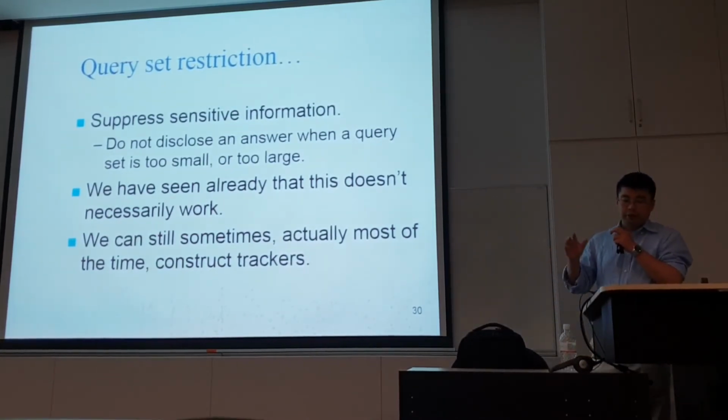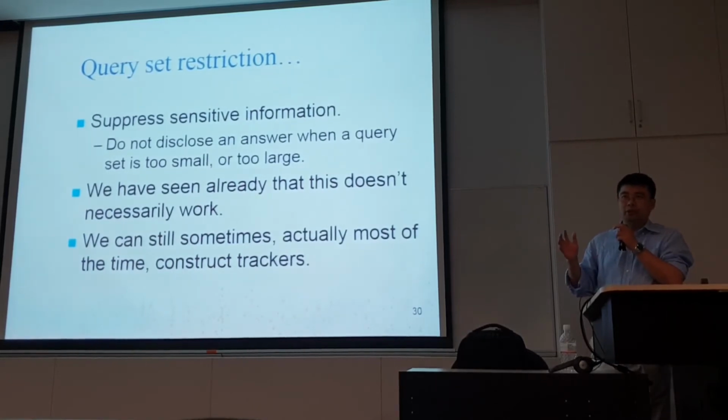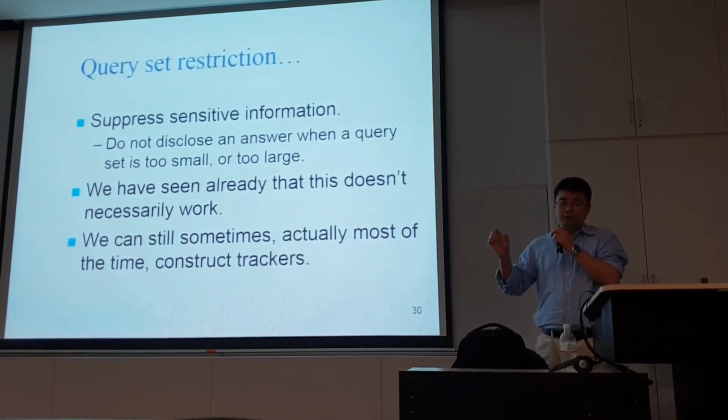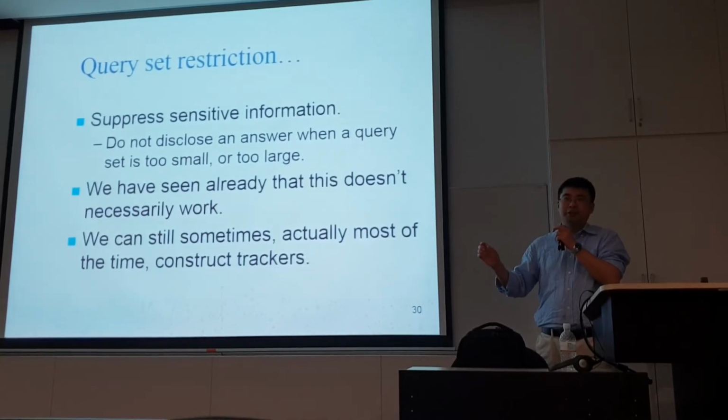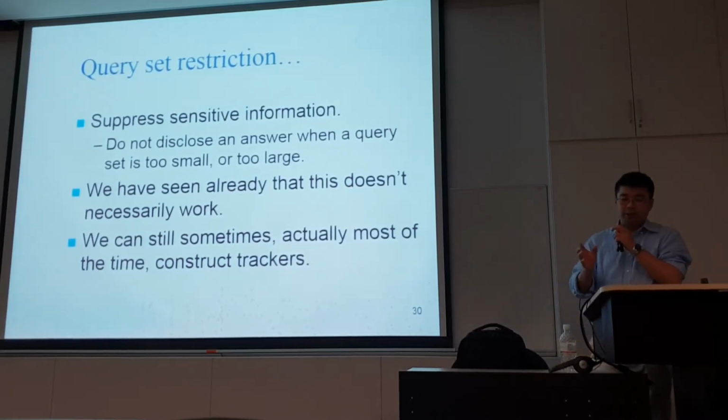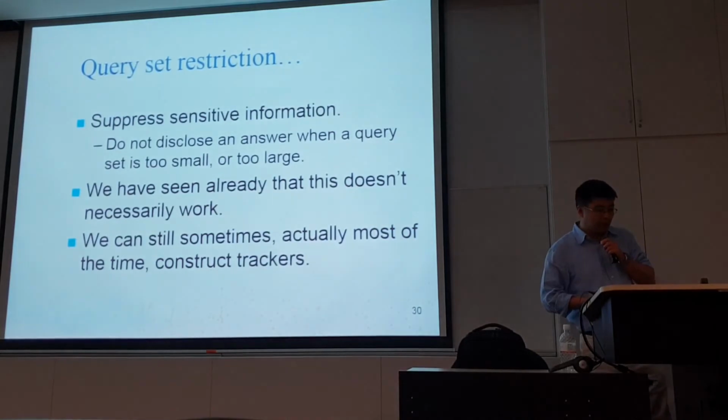But sometimes if the size is too big, it's also not good, because that means there are only a few items left, and those few items left are the information you want to query. So we should prevent the return set from being either too small or too big, right? So that's the restriction.